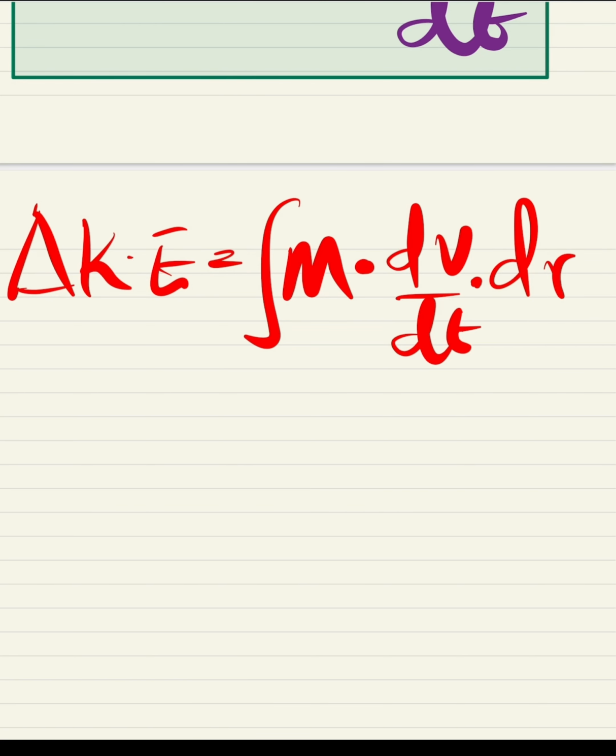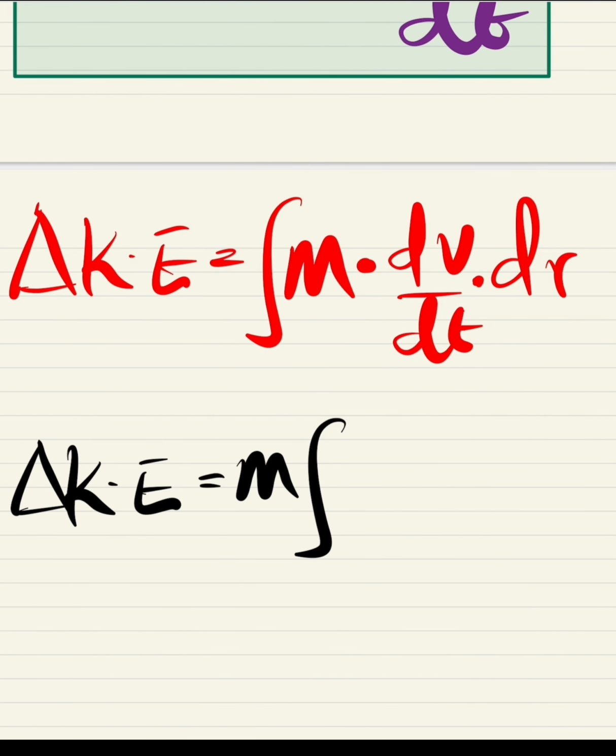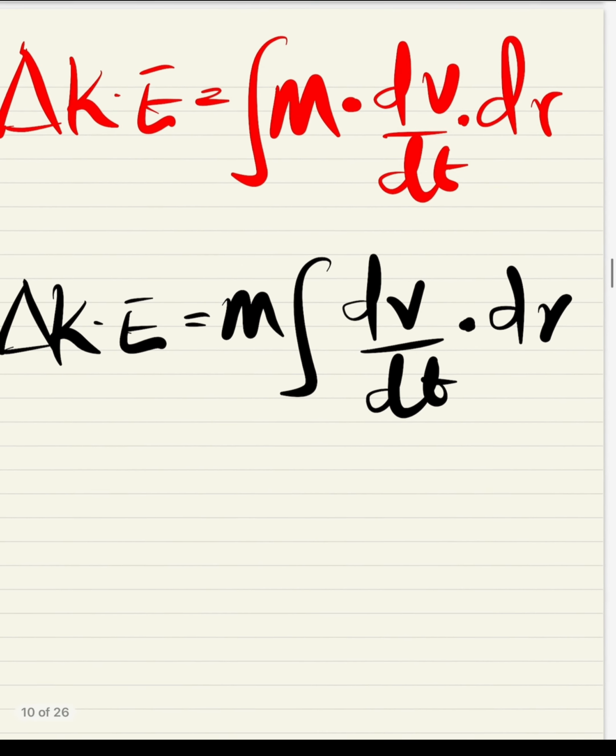From there, the mass remains constant. You have to put out the mass because the mass here is behaving like a number. You should understand what I mean by that. The mass here is a constant term. You have to move it outside so that your change in KE becomes M times the integral of dv over dt multiplied by dr, right?